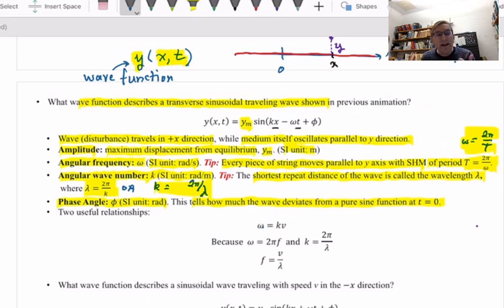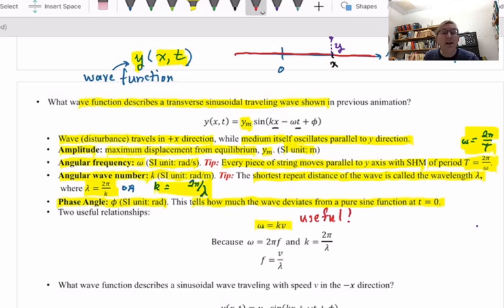First, the angular frequency, the angular wave number, and the speed of the wave, v, are related to each other with a very simple form. Right there. Angular frequency equals angular wave number times speed of wave. Really, really, really useful when you study a traveling wave.